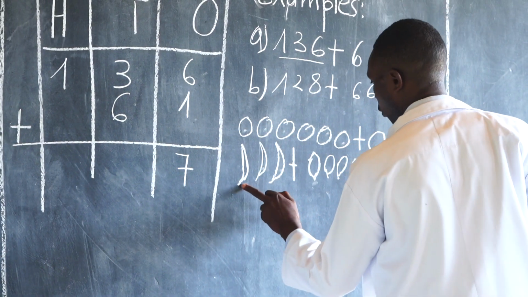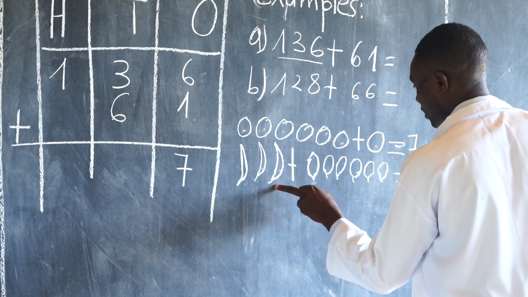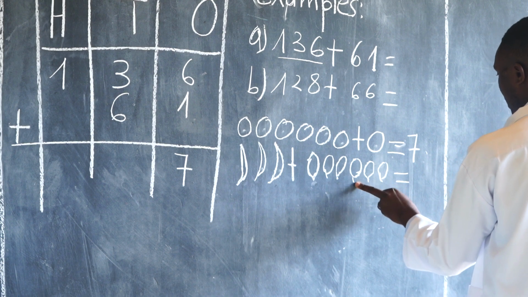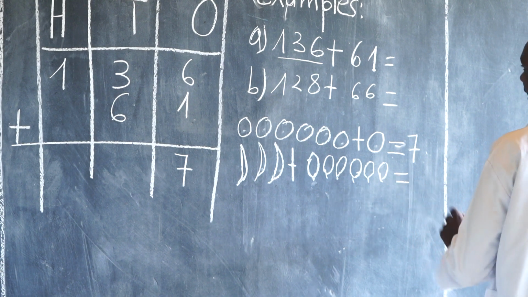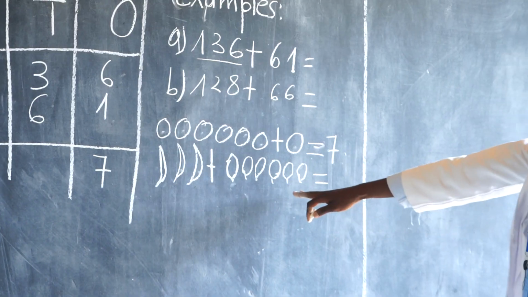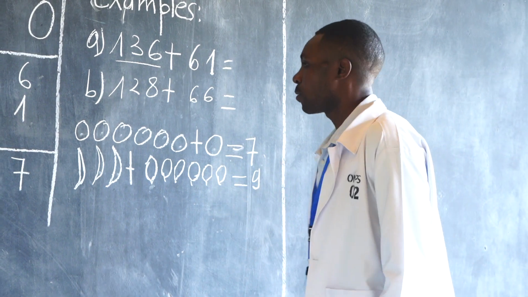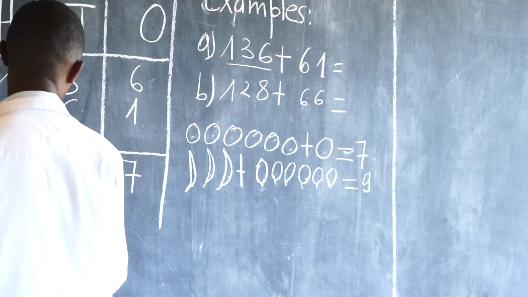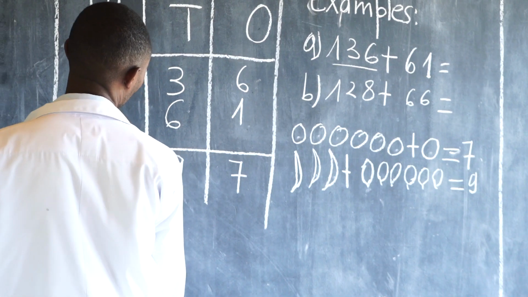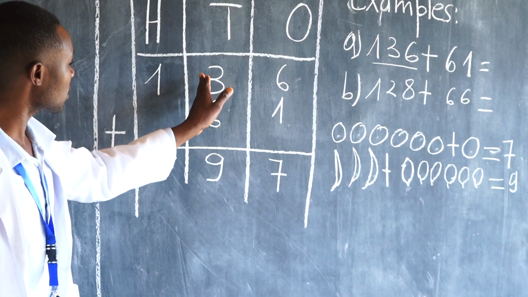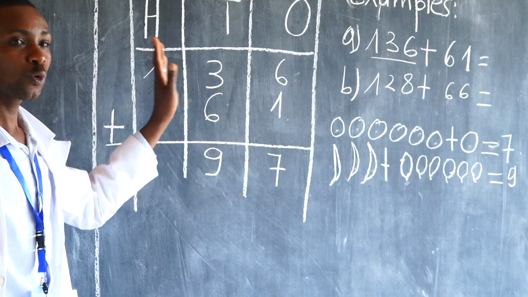Now we have 1, 2, 3, 4, 5, 6, 7, 8, 9. Now we have 9 things there. Now 9 is going to be here. We are going to write here 9 because we have already taken those numbers which are in the column of tens.